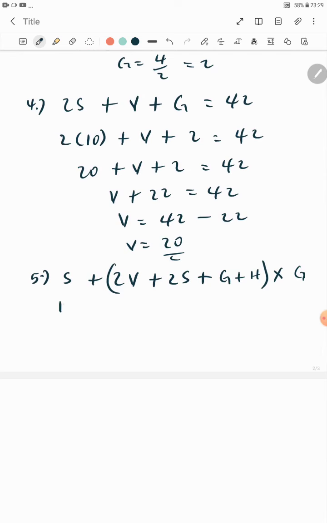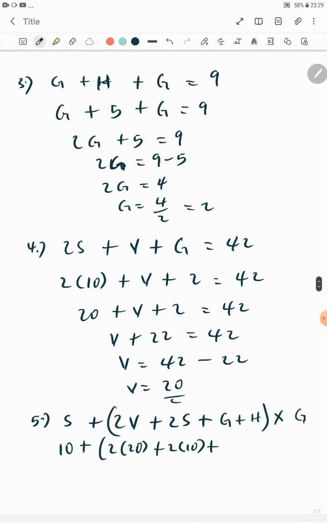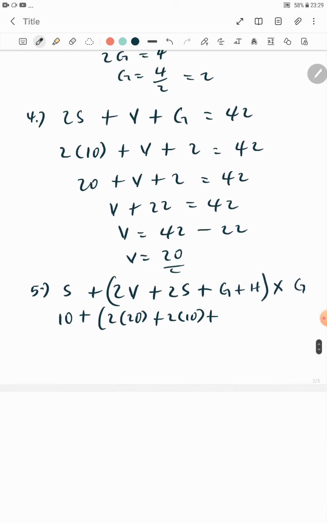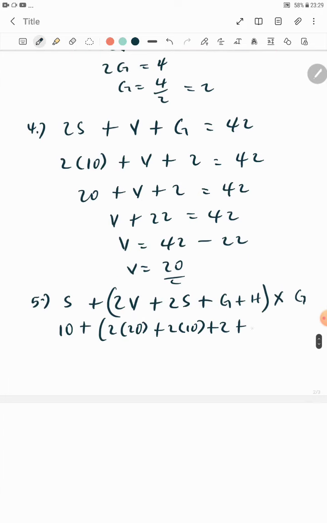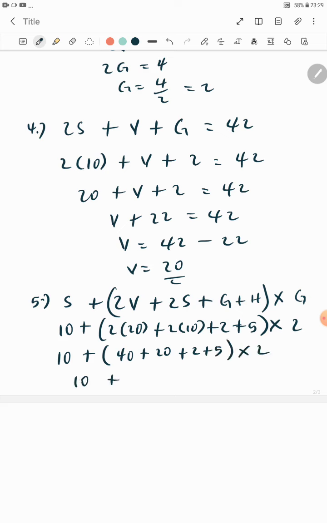So we know our S. Our S is 10 plus, we know our hand glove is 20, 2 bracket 20 plus 2 bracket 10 plus our G, which happens to be 2, which is Google, plus 2 plus H, which is a human being himself, which is 5. So plus H, which is 5. Then we have times G, which is Google, and Google is 2. So we now have 10 plus, this will give us 40 plus 20 plus 2 plus 5, then times 2, and then we have 10 plus, so if we add this together it will give us 67 times 2.